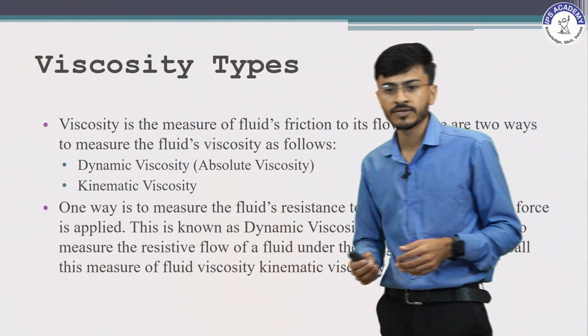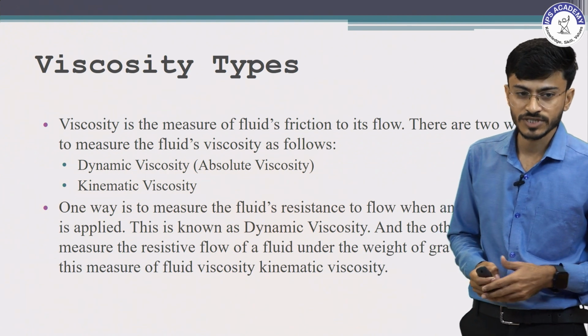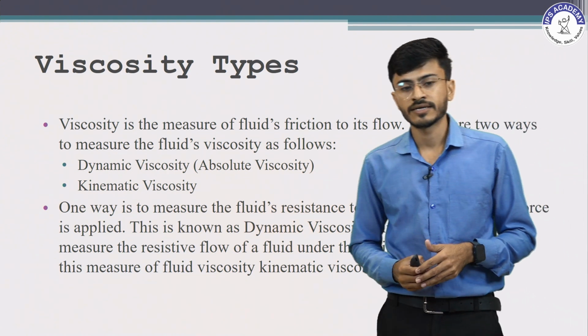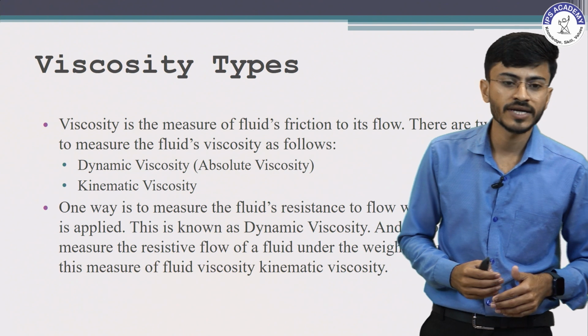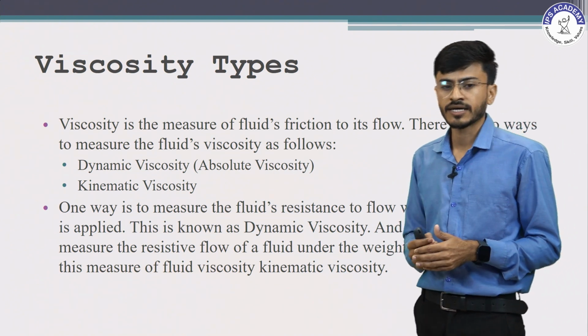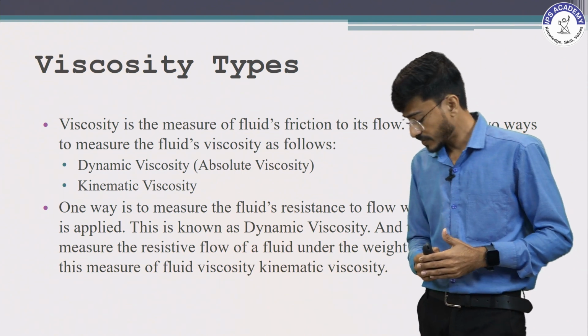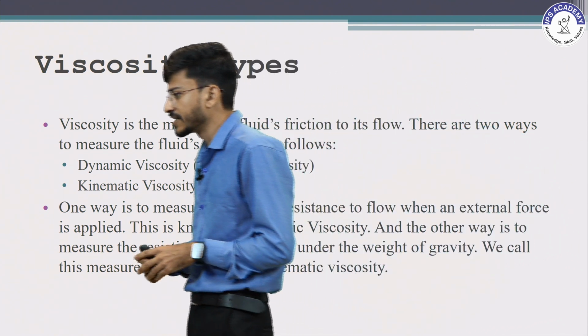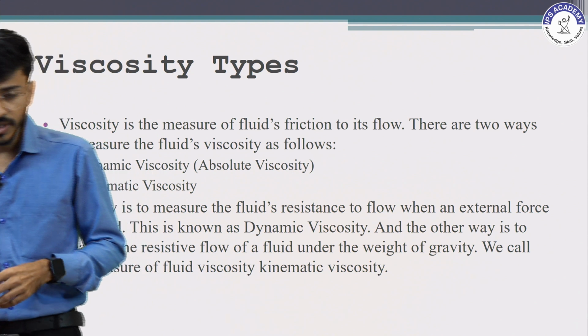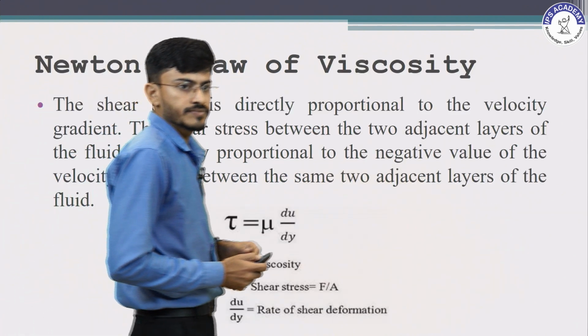Only gravity is acting on the fluid, with no other forces acting on it. That time we calculate the kinematic viscosity, and the kinematic viscosity is calculated by dividing the dynamic viscosity by the density.